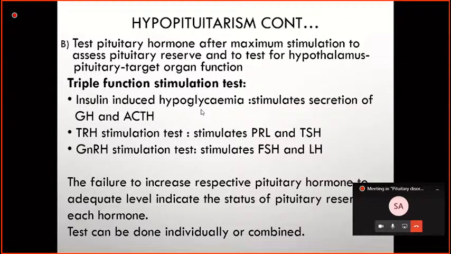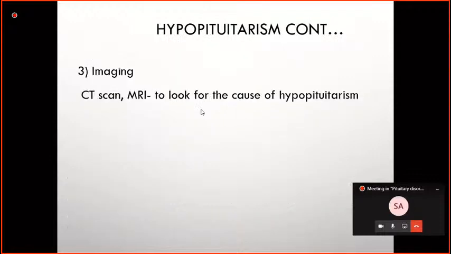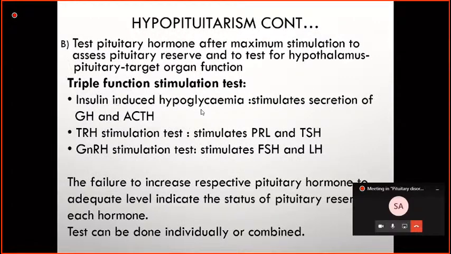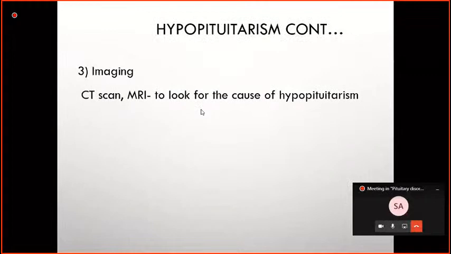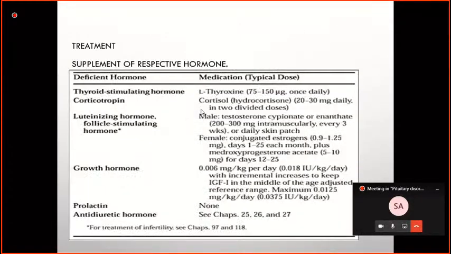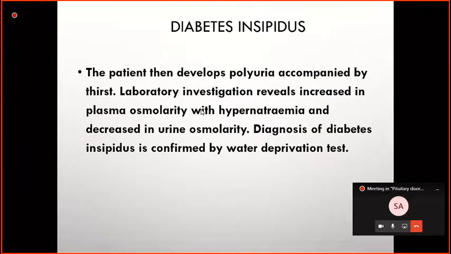If this test shows there is a failure to stimulate all these hormones, then you can say that this patient has hypopituitarism. The tests can be done individually or combined. Imaging tests can also be done, but I'm not going to go through imaging tests.